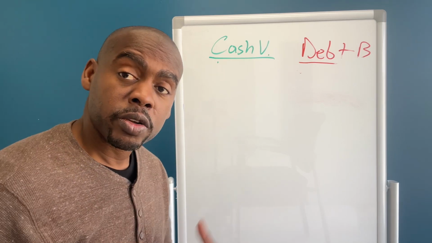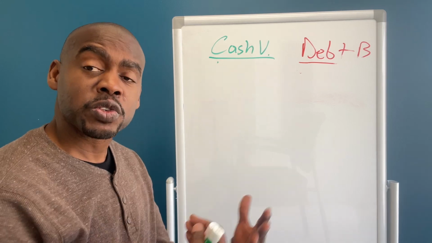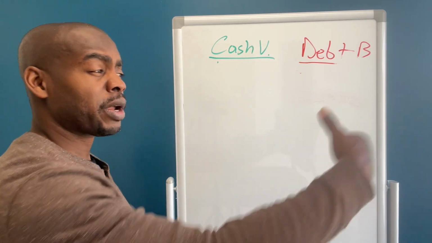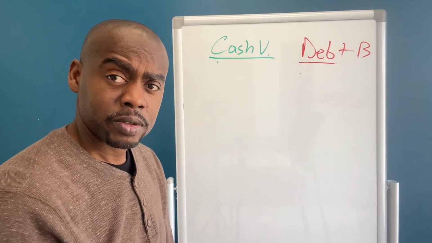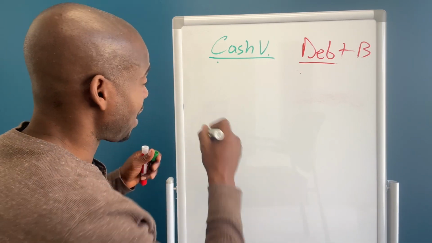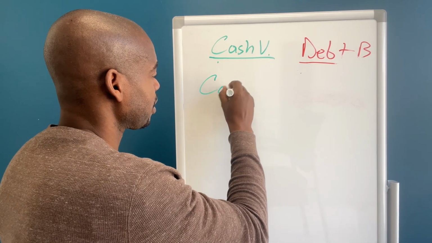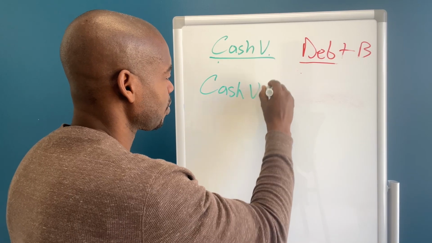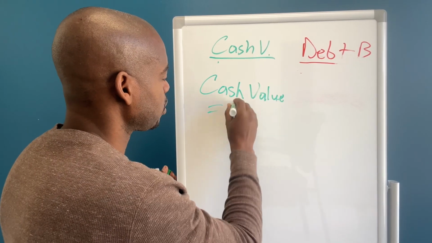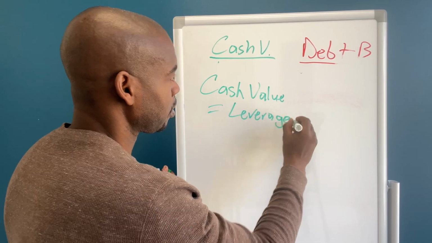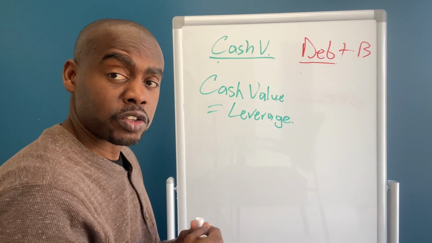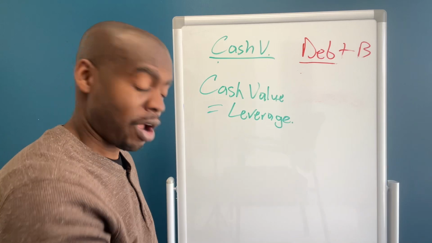So, you're leveraging the cash, you're using your cash to do whatever you want as working capital, right? So the cash value equals leverage. You're leveraging the cash there to do other stuff, to make greater profit, right?